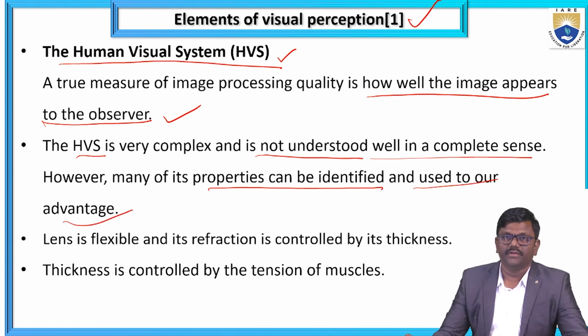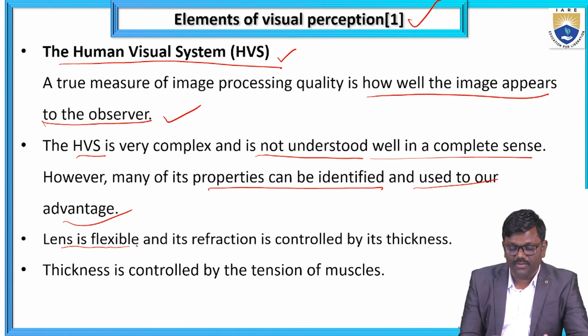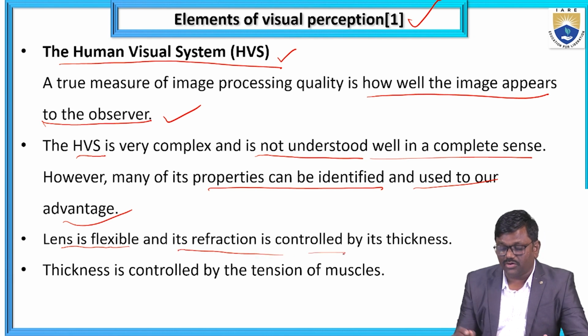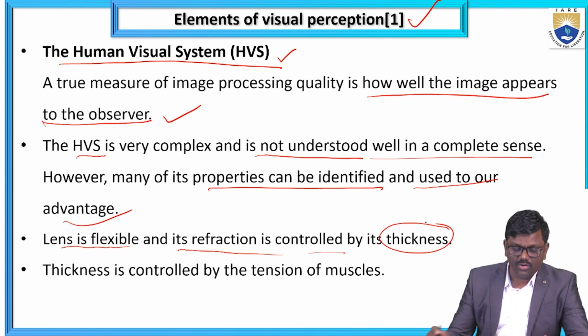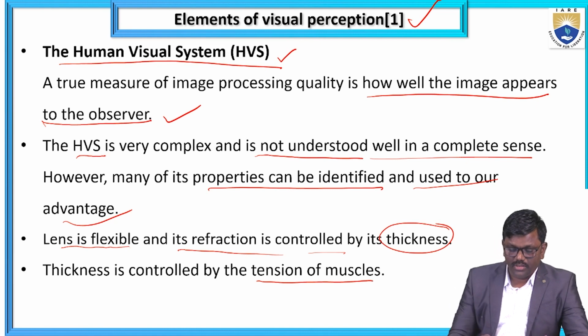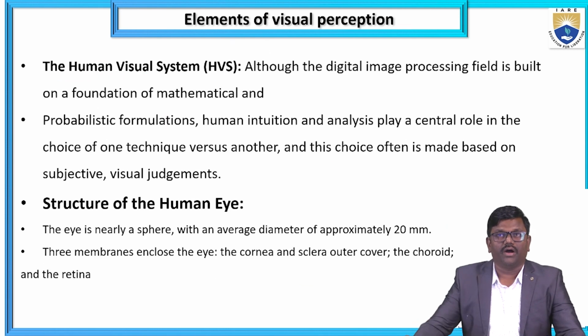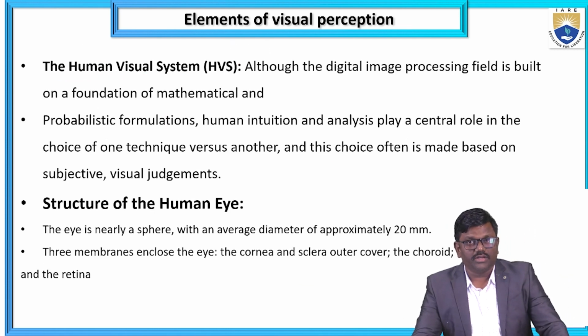The lens is flexible and its refraction is controlled by its thickness, and the thickness is controlled by the tension of muscles.